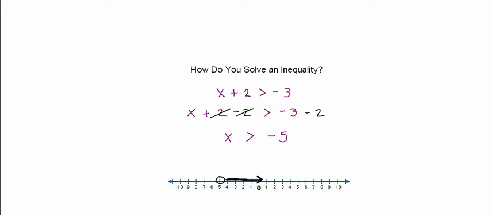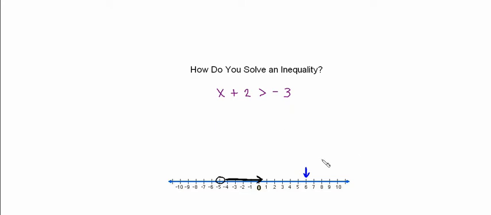What I like to do once I solve an inequality is to choose a number in my solution set and plug it into the original inequality. For example, if x can be any number greater than negative 5, then x equals 6 should make the inequality true. So let's test it.